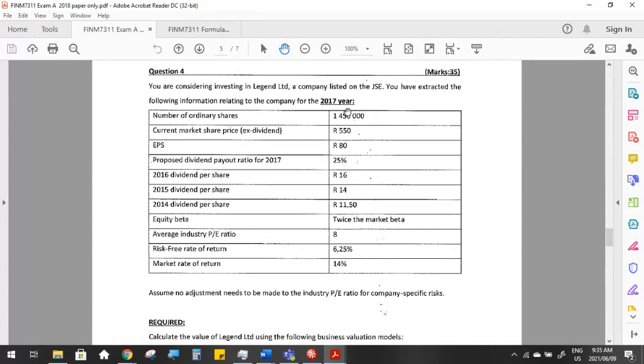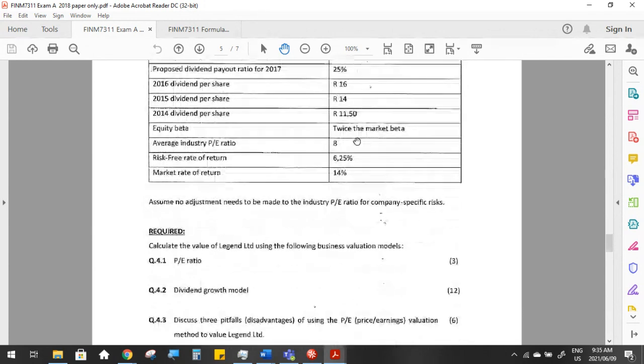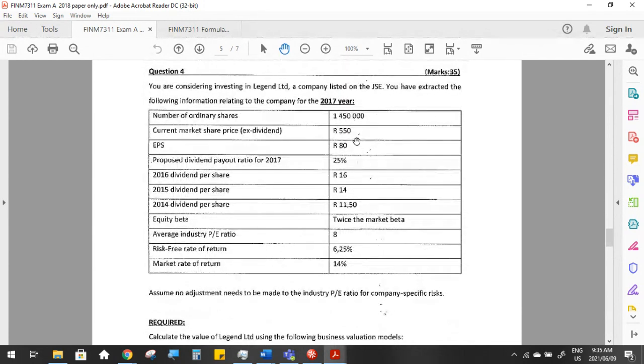Extracted the following information relating to the company for the year 2017, and they've underlined that. So remember, you might have to adjust if they say you want it for a specific year, that this information is for the 2017 year.